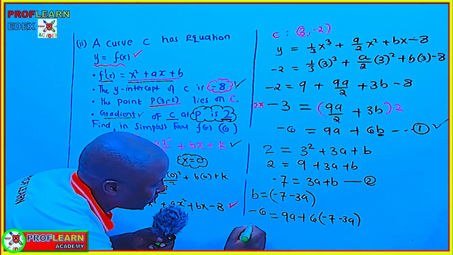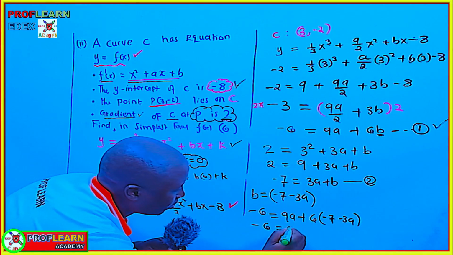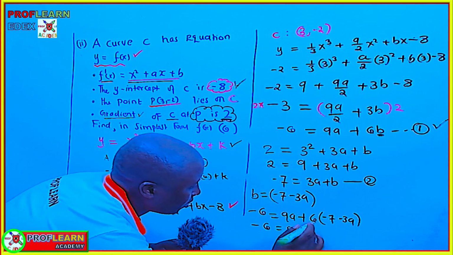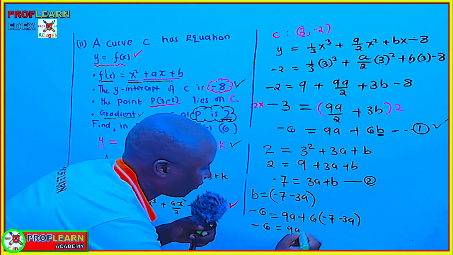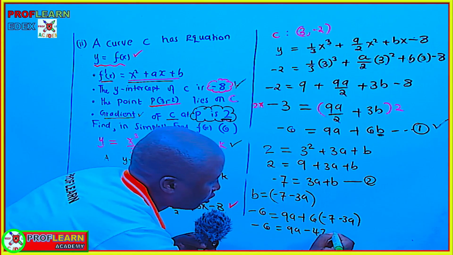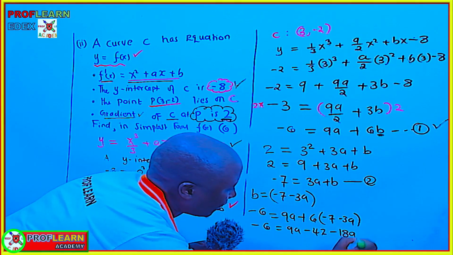So if I open this bracket, I'll have minus 6 equals 9a plus, because 6 times negative 7 will be minus 42, and then this will be minus 18a.